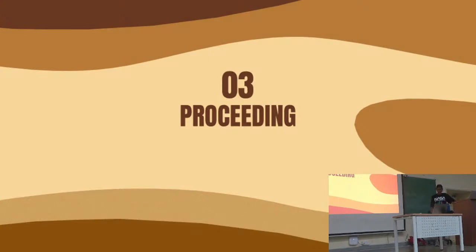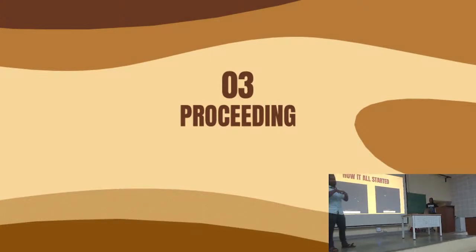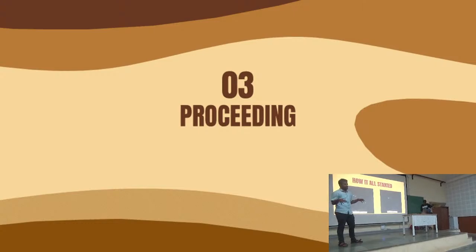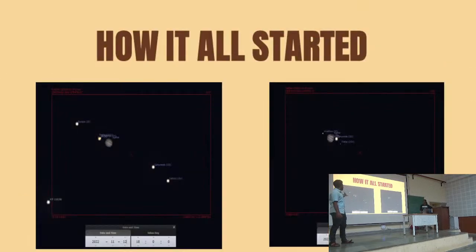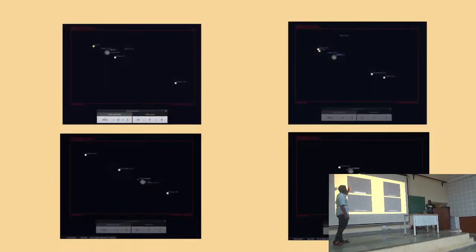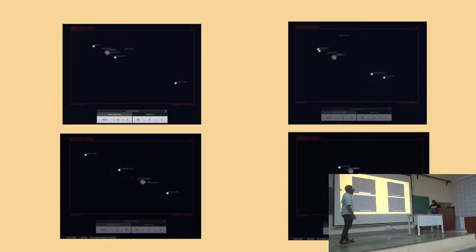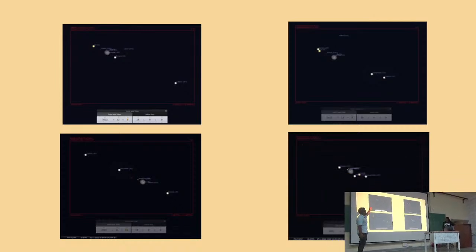We came up with a rough framework. Vasan made the simulations in Stellarium, and we made a simulation of 20 days and saw how the moons moved with time. You can see Europa is here, and these are all labeled.